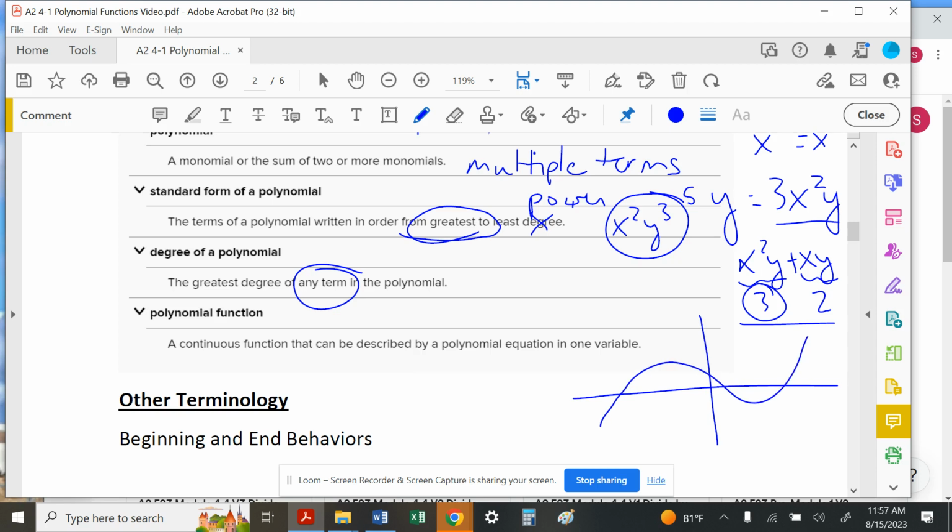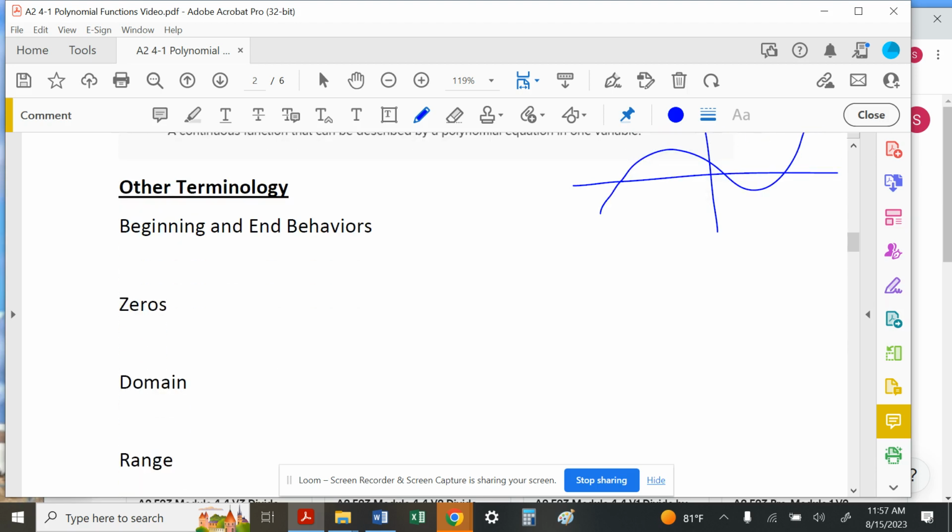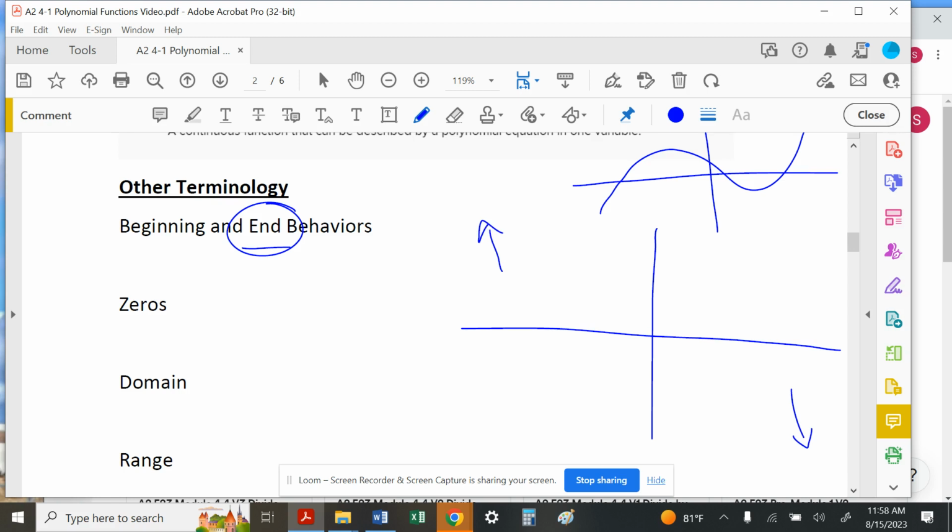in the graph. Okay, so other terminology, beginning and end behaviors. So the book goes into end behaviors. And the way the book describes end behaviors is that we have a graph, and this is one end, and this is another end. And in between, we have a bunch of stuff going on. It doesn't really matter.